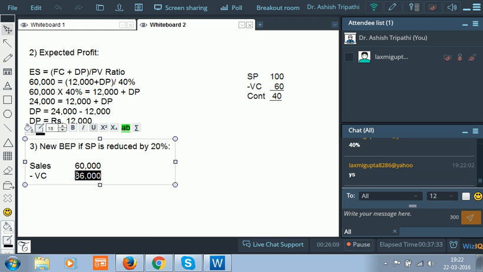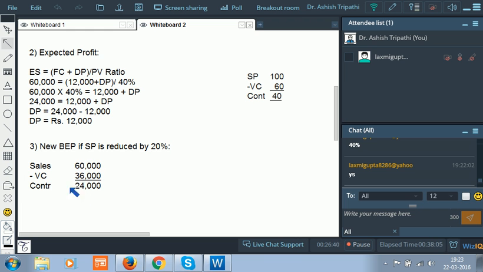So 36,000 becomes your variable cost. So in this case, contribution will be 24,000, right?